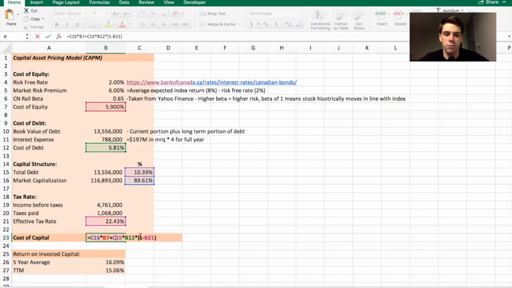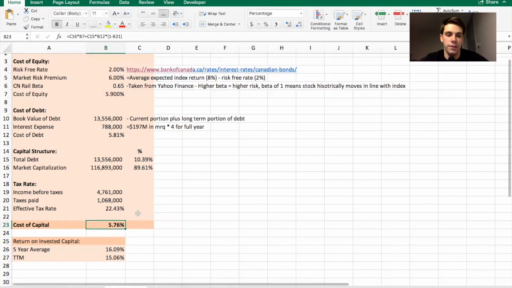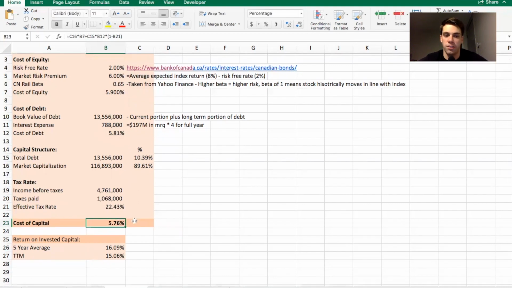So that's why you can see here cell C15, which is the percentage allocated to debt, is multiplied by the cost of debt, which is then multiplied by 1 minus the tax rate. So it reduces the cost of debt to account for the tax saving effect, because they do save taxes by paying that interest expense. So with all that in mind, we get about 5.76 as our cost of capital. So that's the rate we're going to discount this company's future cash flows at.